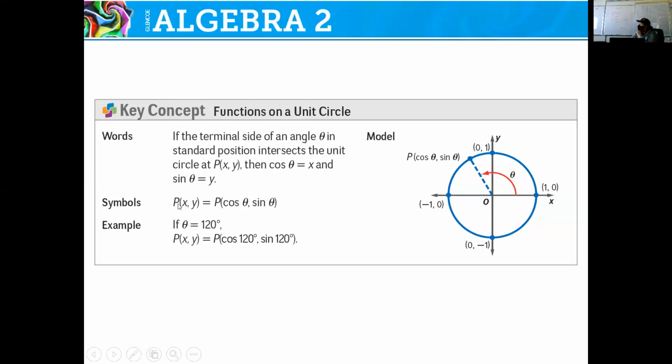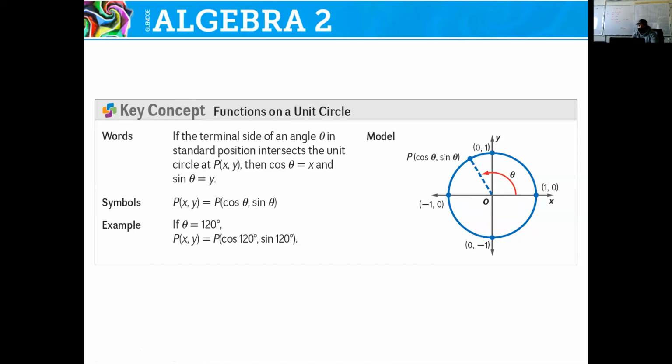So the point P(x, y) is (cosine of theta, sine of theta). If theta was 120 degrees, with a reference angle of 60, the cosine of 120 would be that point's x value, and the sine of 120 would be its y value.